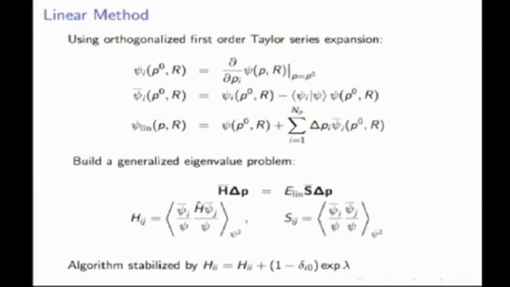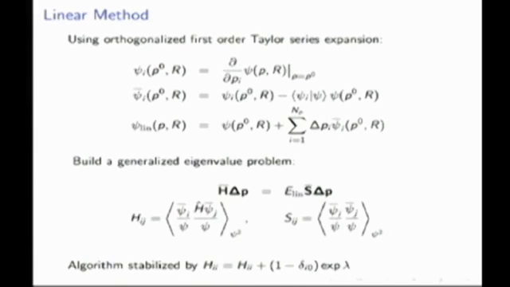The generalized eigenvalue problem is built by evaluating your Hamiltonian in this basis and your overlap matrix in this basis to find a new set of parameters. What you solve for, these delta p's, are the difference between your new set of parameters and the set of parameters from the previous step. So it's an iterative procedure.